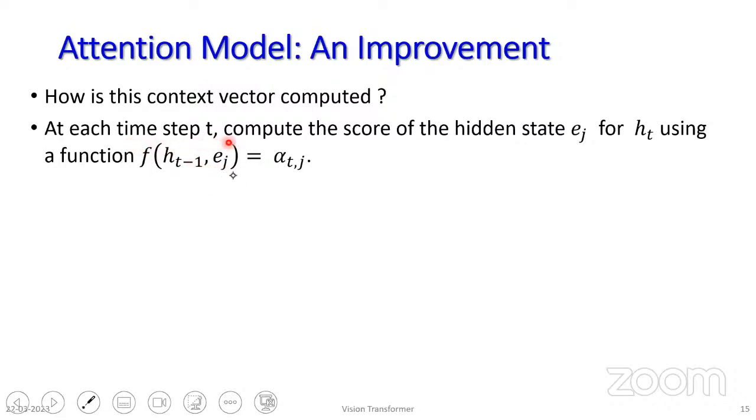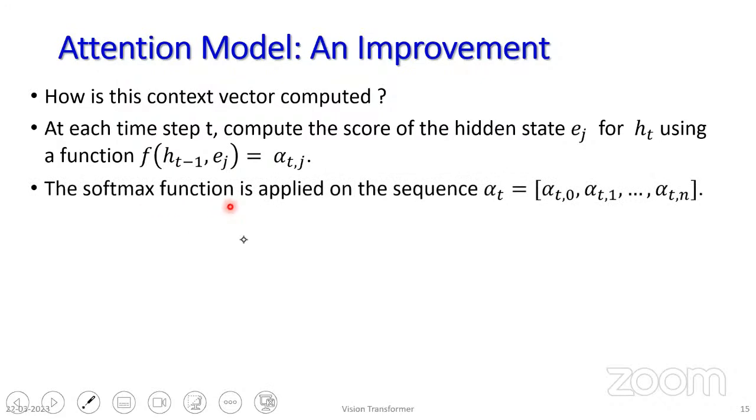So at each time step t, compute the score of the hidden state e_j for h_t using a function f(h_{t-1}, e_j), which is equal to alpha_tj. This hidden state is from the decoder, and it corresponds to the hidden state from the jth unit of the encoder.